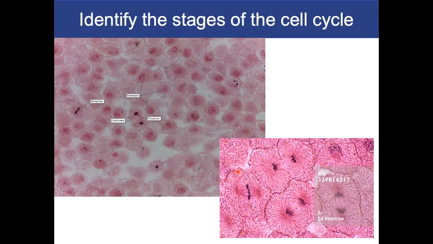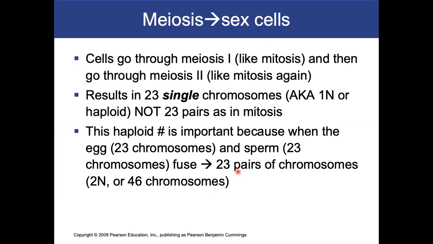Okay. You should be able to identify them. How do you identify them? I would just search whitefish blastula on Google or Bing and do images and click through them and just quiz yourself on them. That's the easiest way to do it: you look at about 100 of them and then you start figuring stuff out.